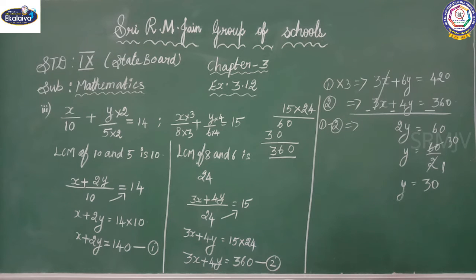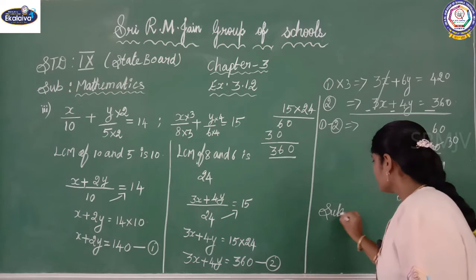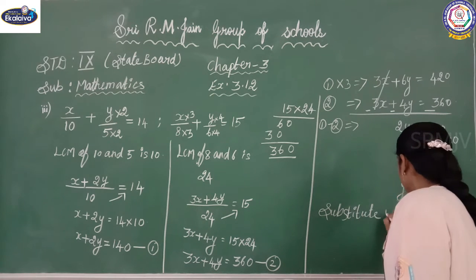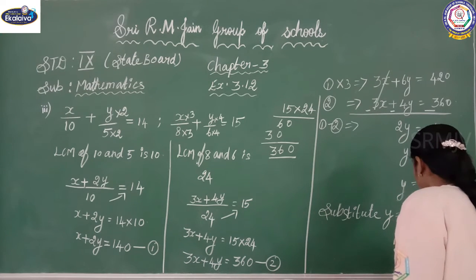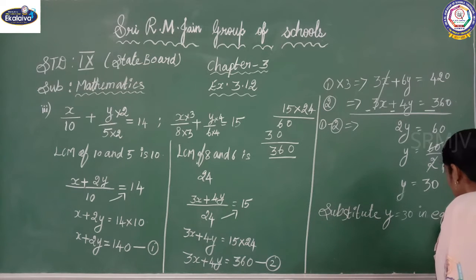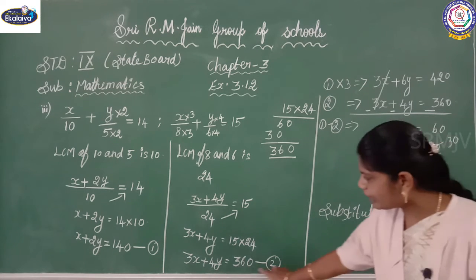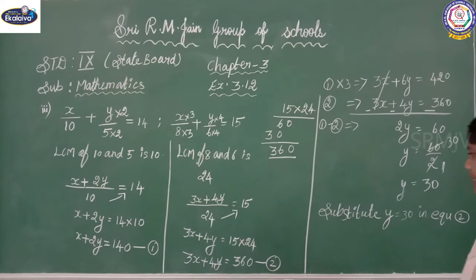Next we are going to find the x value. Substitute y equal to 30 in equation 2. Okay. So what is equation 2, children? 3x plus 4y equal to 360.